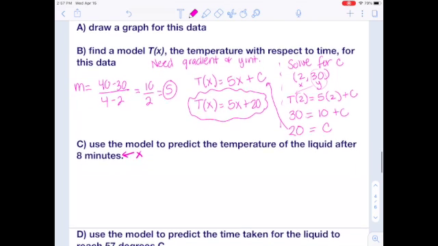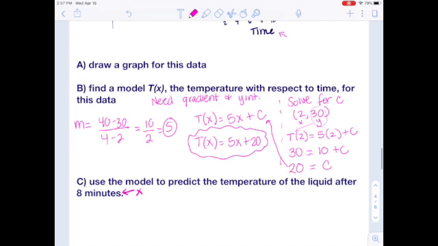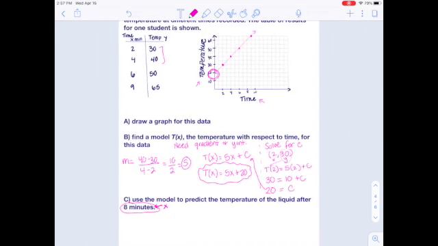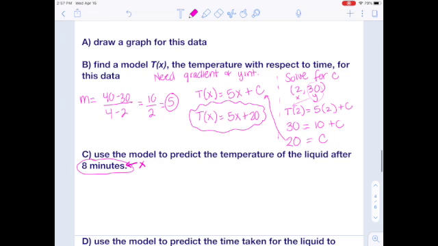Now we're going to use this rule, this model, to predict the temperature of the liquid after 8 minutes. So you need to identify, what do they give you? Do they give you an x value or a y value? Take a look back up there, and you can see that time is your x values. So they gave you an x, and they're asking you to predict the temperature, which is your corresponding y value. So T of 8 is equal to 5 times 8 plus 20.